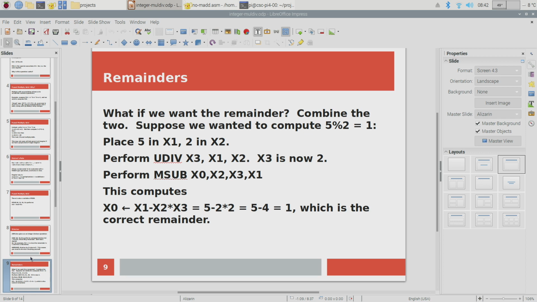So the product of x2 and x3 gets subtracted from x1: I do 5 minus 2, which was the divisor, times 2, which was the quotient. 5 minus 4 is 1, which was my remainder.